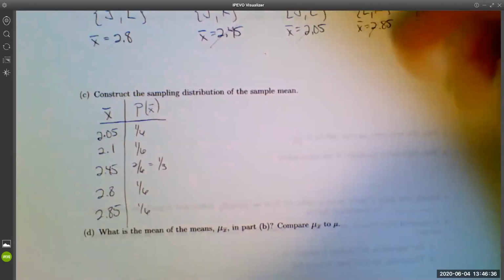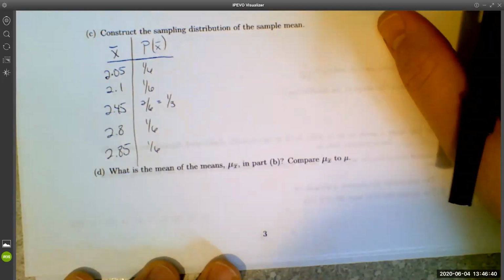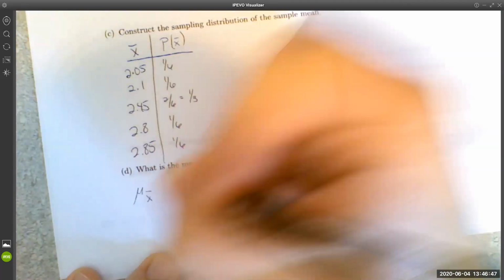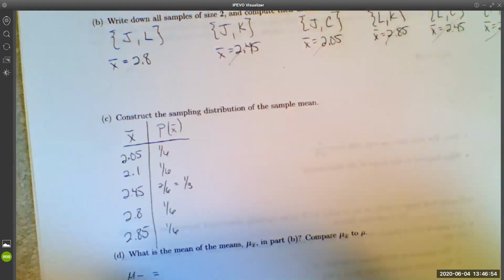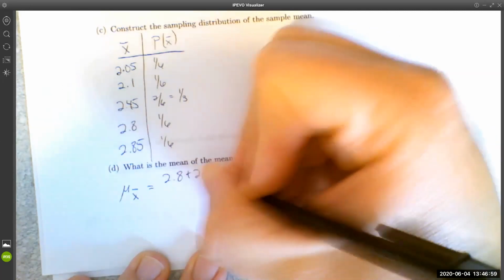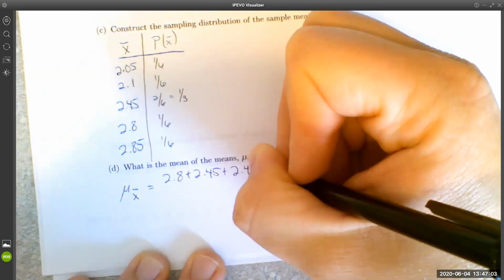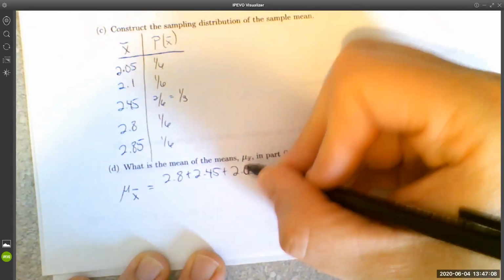Now part D says, what is the mean of the means? Mu sub x bar. Well, we would add up all of the sample means and divide by the number of sample means, which is 6. So we're going to say it's 2.8 plus 2.45 plus, or sorry, 2.05.